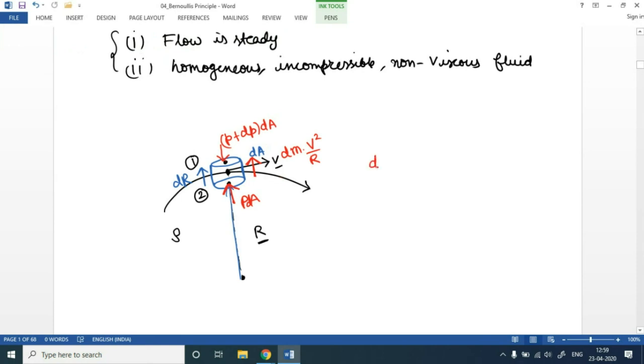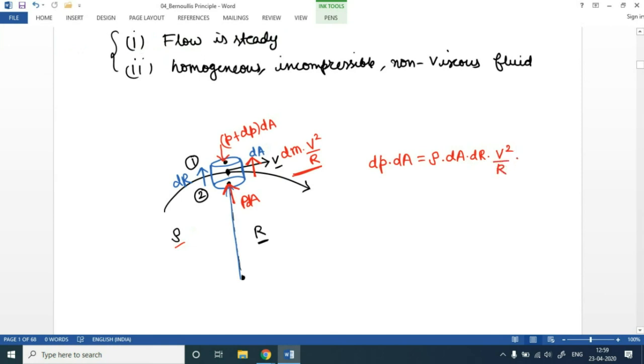The net force towards the center is dP times dA, and the force away from the center is equal to dm times v square by r. What would dm be? dm would be density times the volume of this element. Density is rho, and the volume of this element is dA times dr. So rho times dA times dr is the mass of this element, multiplied with v square by r.